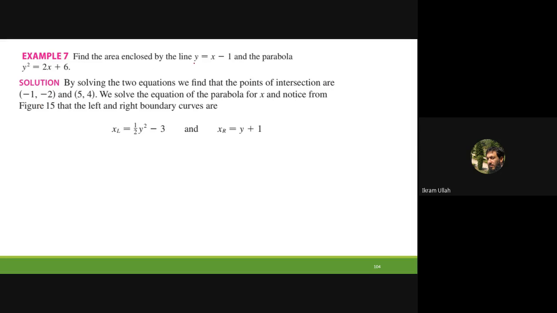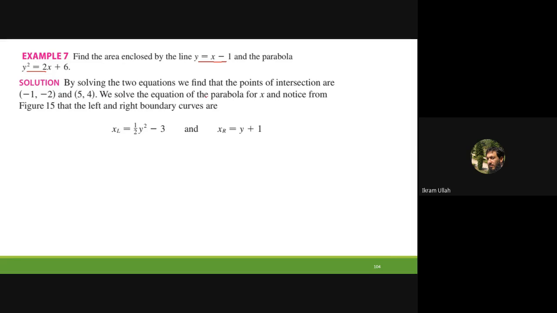Just put y equals x minus 1 into the parabola equation, expand x minus 1 whole squared, and simplify. So we get the values of x, as I discussed in the previous example. Firstly, you have to find the points of intersection of these two curves by solving them simultaneously.